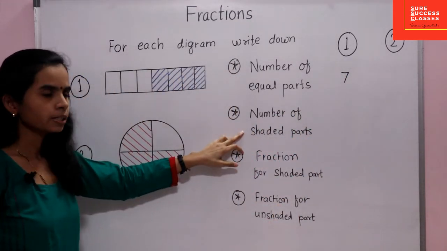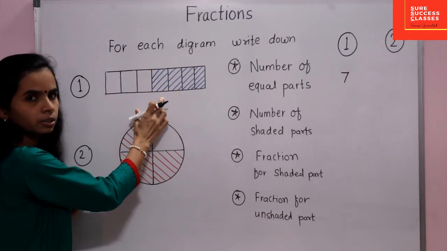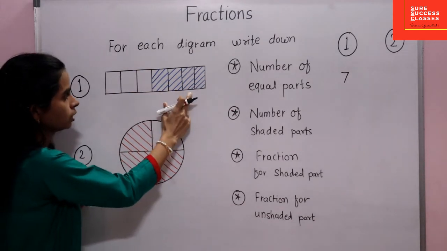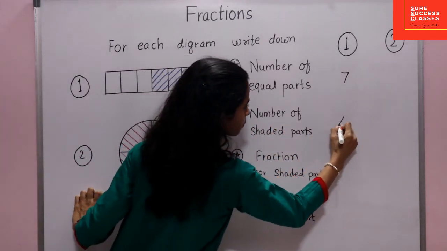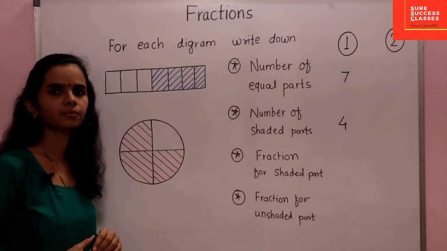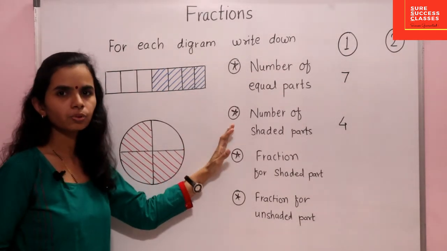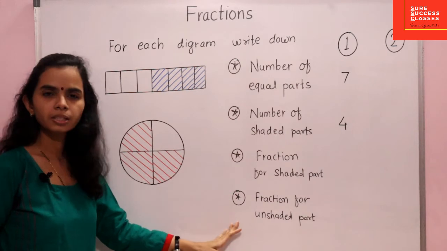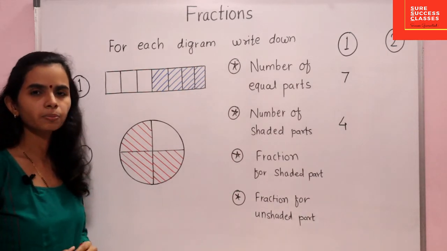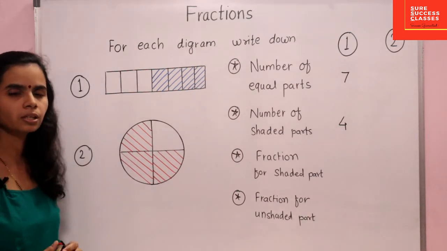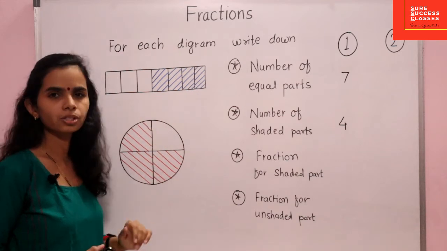Number of shaded parts are 1, 2, 3, 4. Students, any student can tell the answers of these questions, but the purpose of this session is to clear the concept of fractions.